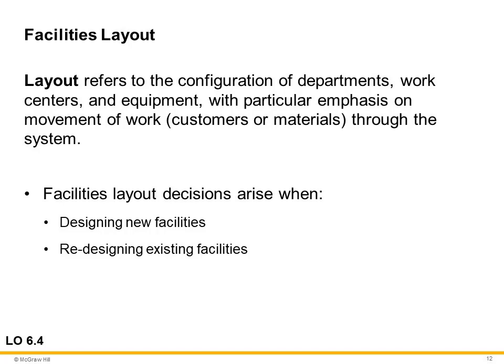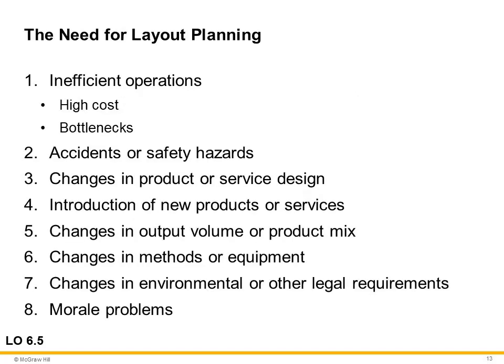You need to improve your layout when your operations are inefficient. What does inefficient mean here? It means your total cost is high, or you have a bottleneck in your production line. Sometimes to follow a new policy regarding safety, you have to redesign your layout.